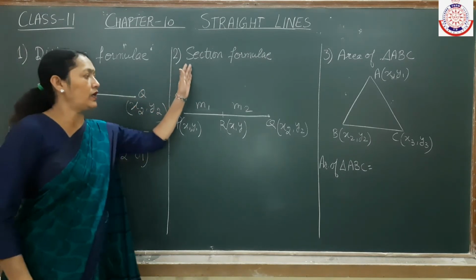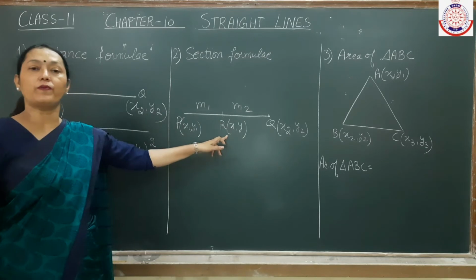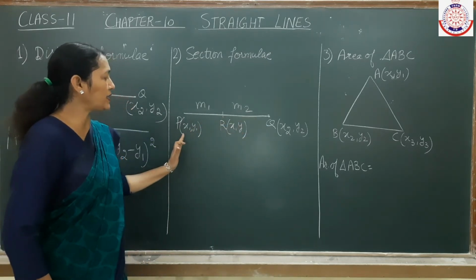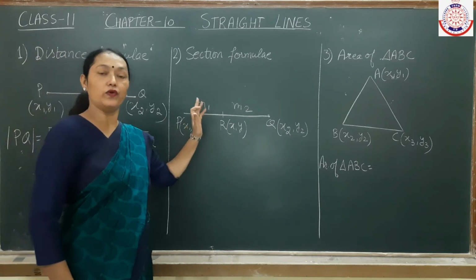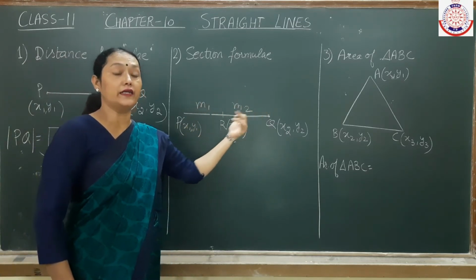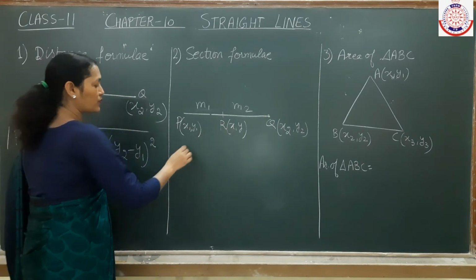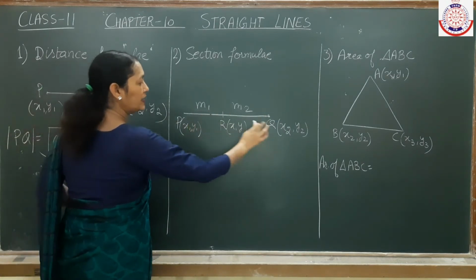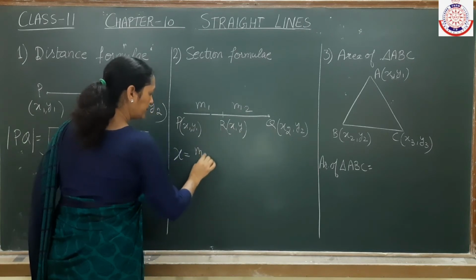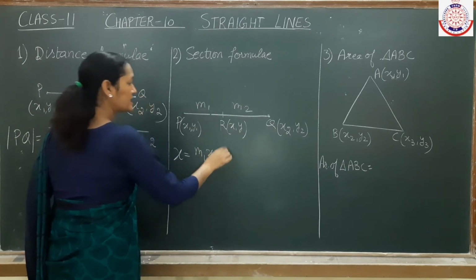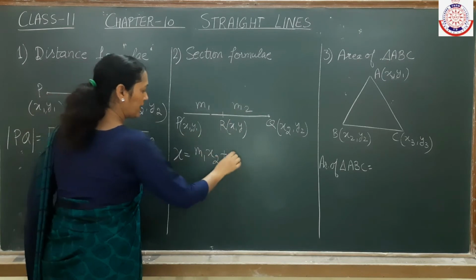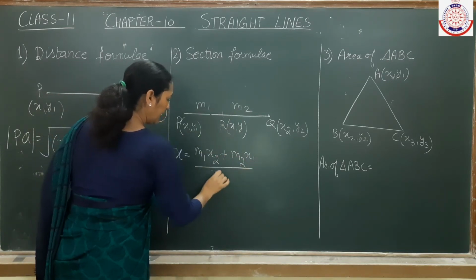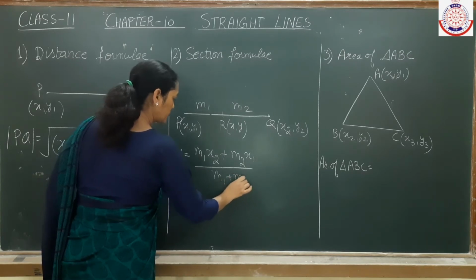Then under section formula, how to find the coordinates of a point which is dividing two given points P and Q in a fixed ratio m1, m2 internally. The coordinates of this point are, for finding x, m1 into x2 plus m2 x1 upon m1 plus m2.